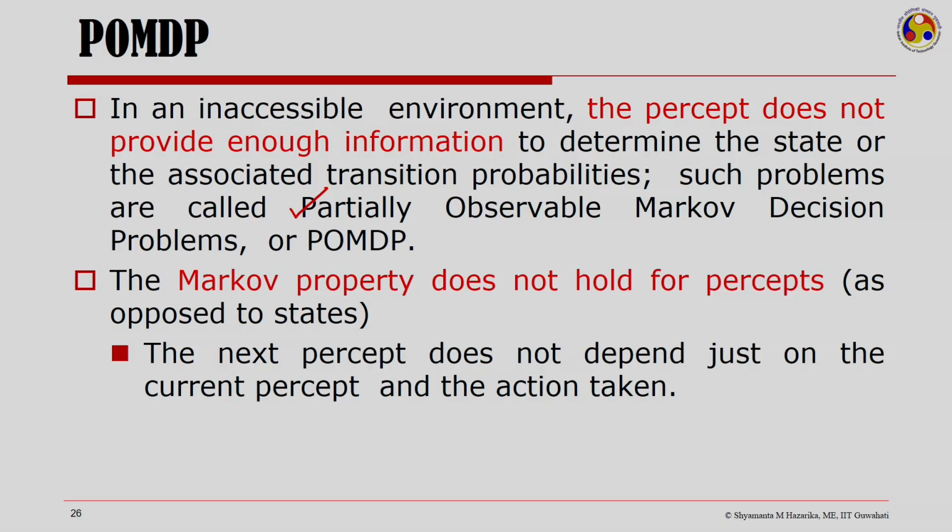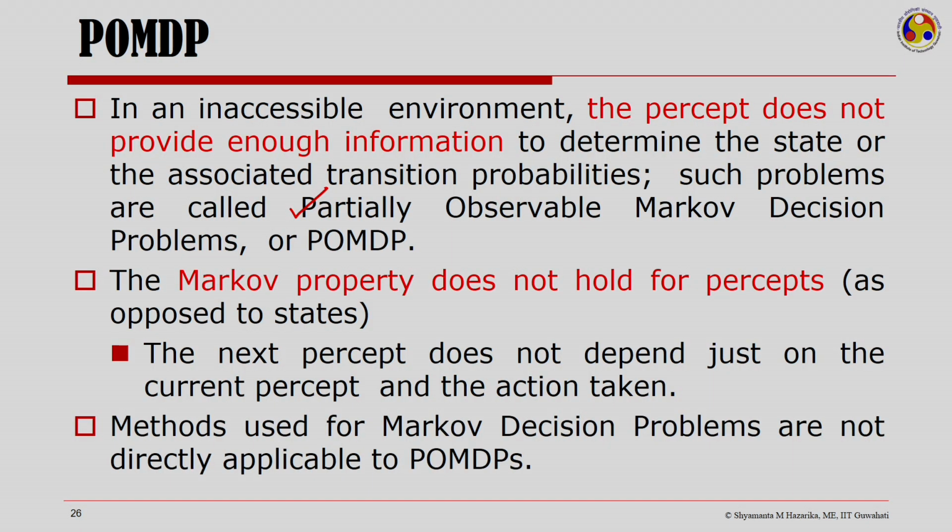So, the Markov property does not hold for percepts as opposed to states, and the next percept does not depend just on the current percept and the action taken. So, methods used for Markov decision problems are not directly applicable to partially observable Markov decision problems.